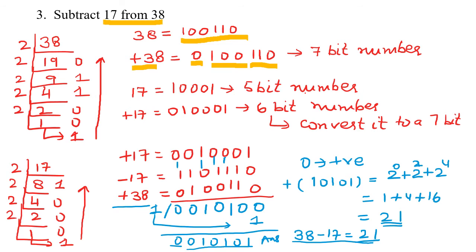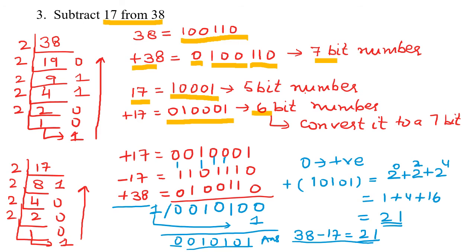First convert 17 into its equivalent binary. 17 is equal to 1, 000, 1. Plus 17 is equal to 0, 1, 000, 1. It is obtained by adding the sign bit 0 in front of the magnitude. Now, plus 17 is a 6-bit number while plus 38 is a 7-bit number.